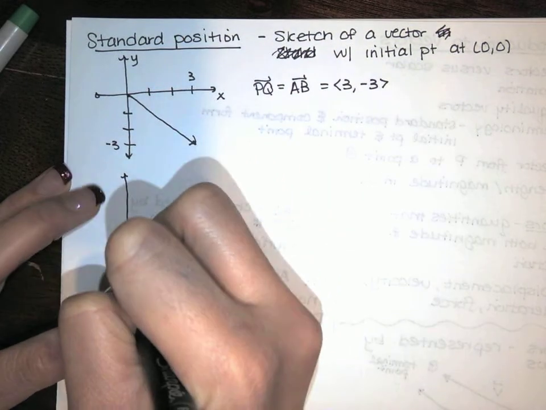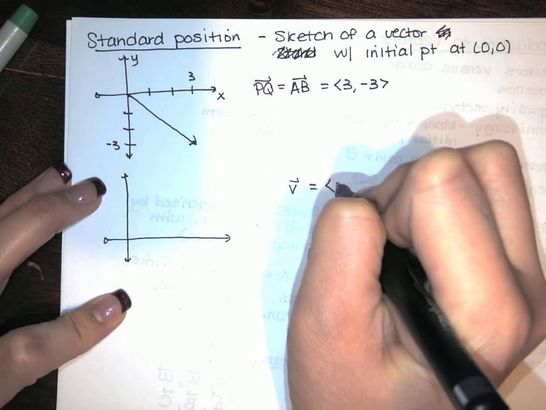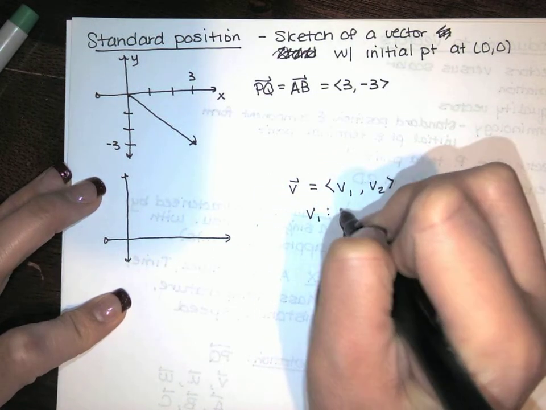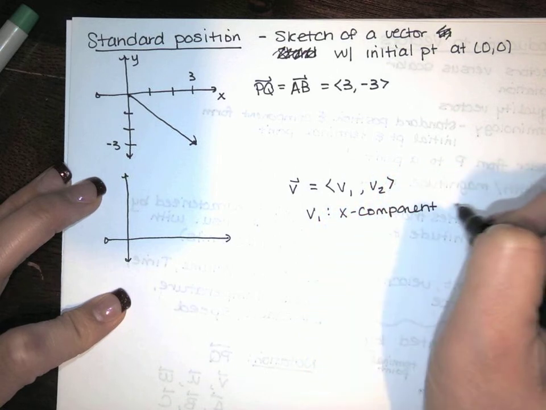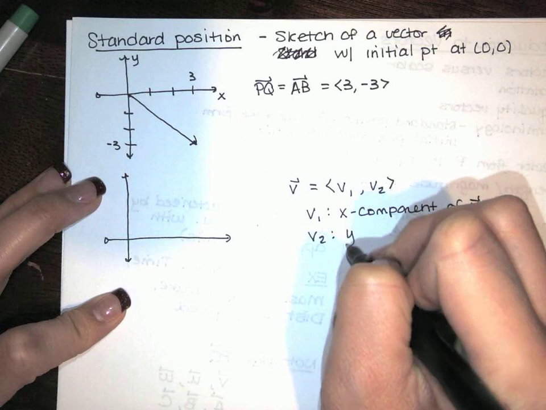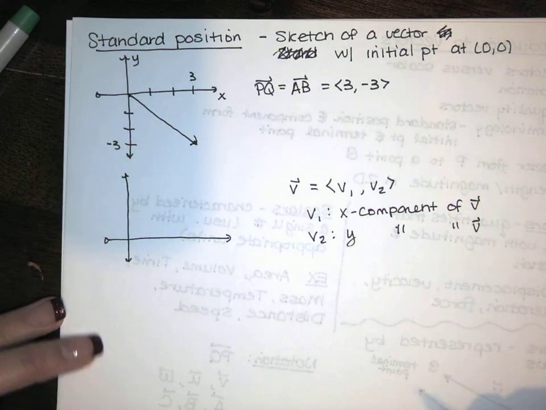Let's say in general, I've got a vector v and it has components v1 and v2. v1 is the x component of v. v2 is the y component of v. Those are scalars.